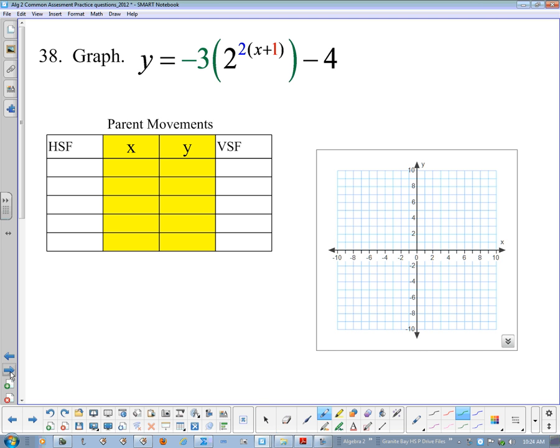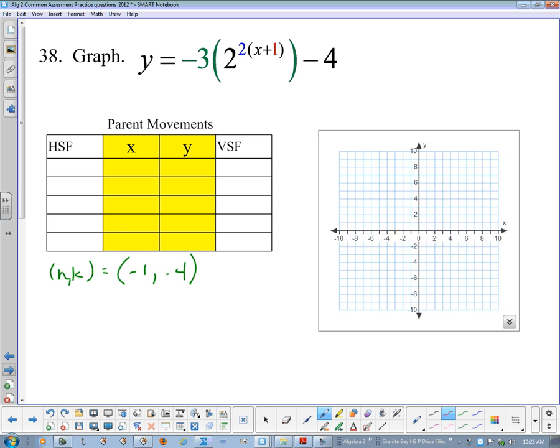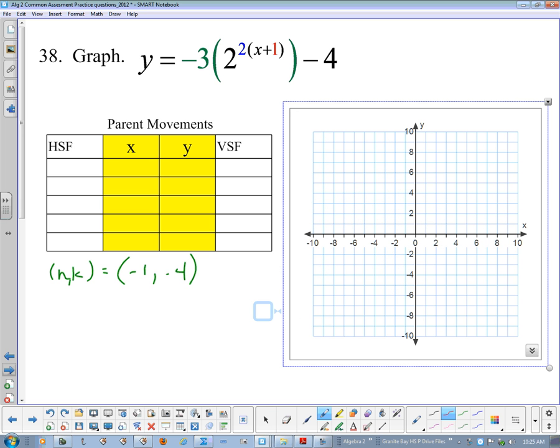We do have an HK. Our HK is in this form right here. The 1 is the H. Okay, well, it's going to be the opposite of that, which is negative 1, comma, negative 4. So I'm going to put an X there. Negative 1, negative 4.